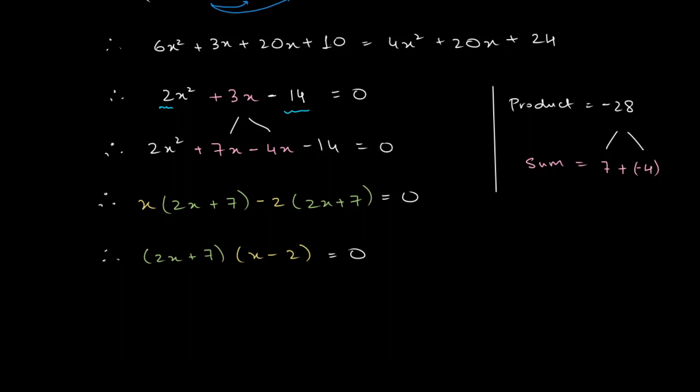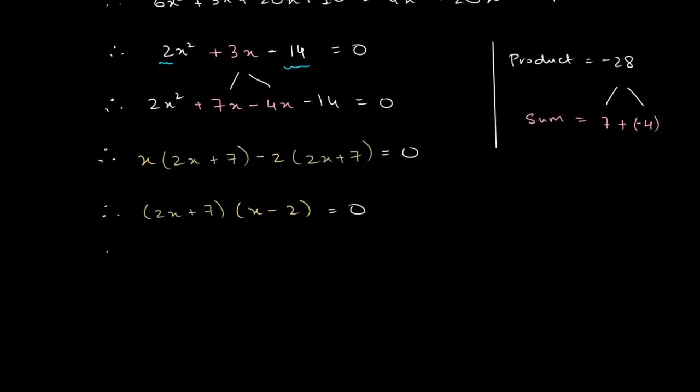So product of two terms equal to 0, we can use our zero product rule. Therefore the first term, which is 2x plus 7, is equal to 0, or the second term, which is x minus 2, is equal to 0.